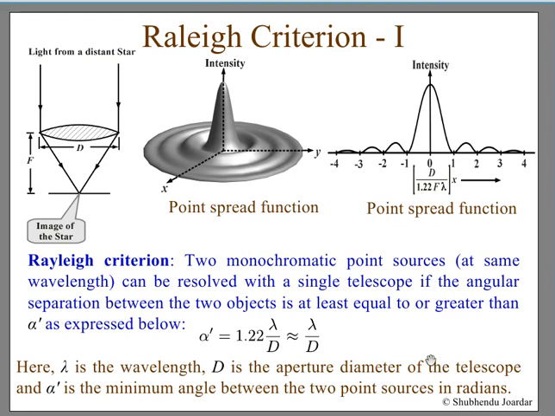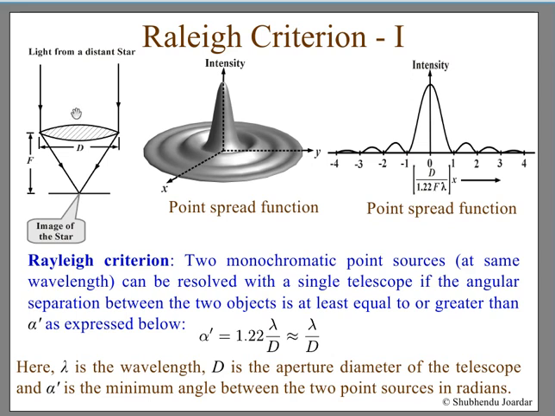So we begin with the Rayleigh criterion. Now you see this is a lens, and this is the focal length of the lens. This is a screen here, and if there is an object like a star or a point object emitting light at a single frequency, that is monochromatic, then you can focus that object on the screen here.